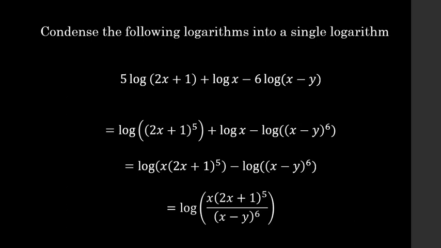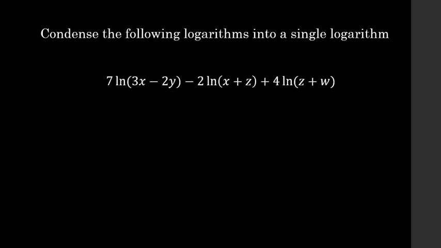Moving on to our next one, we're going to condense this guy here. 7 times ln of 3x minus 2y minus 2 times ln of x plus z plus 4 times ln of z plus w. Once again, we're condensing, so we're starting off with the power property.